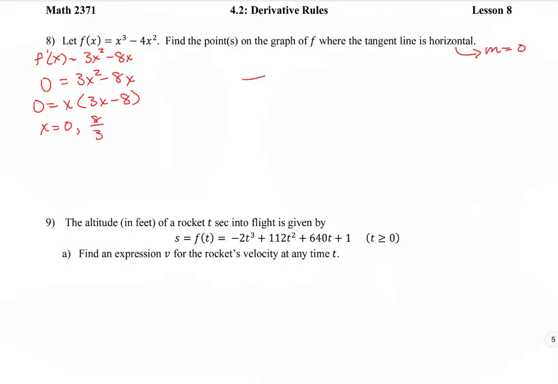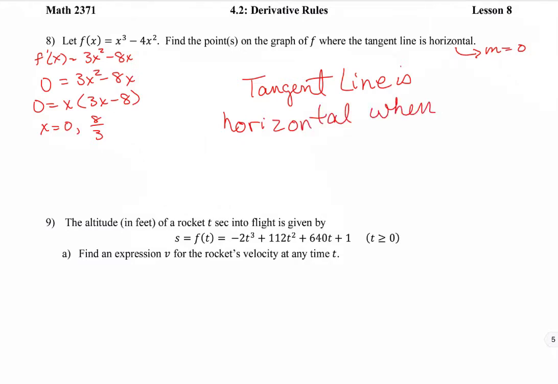So the tangent line is horizontal when x equals 0 and x equals 8/3.